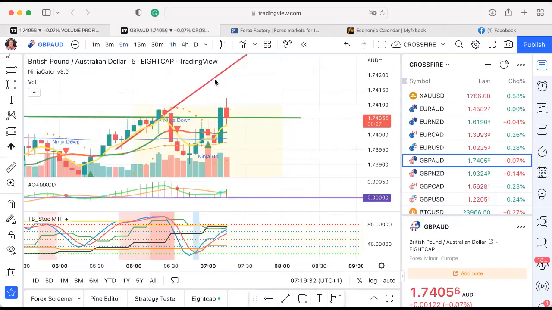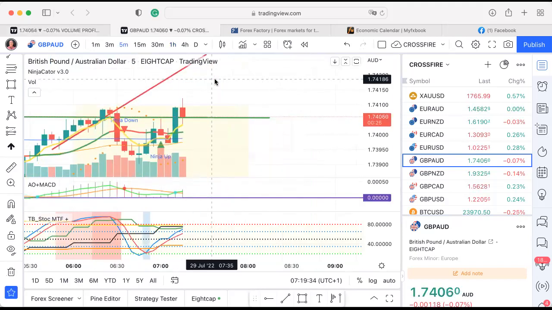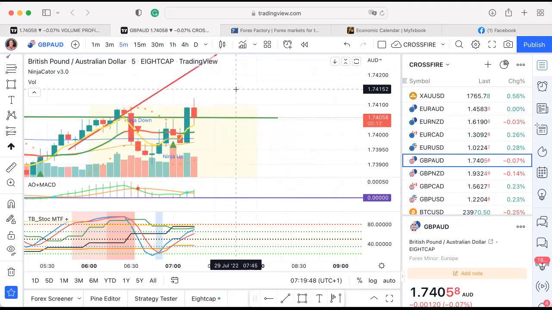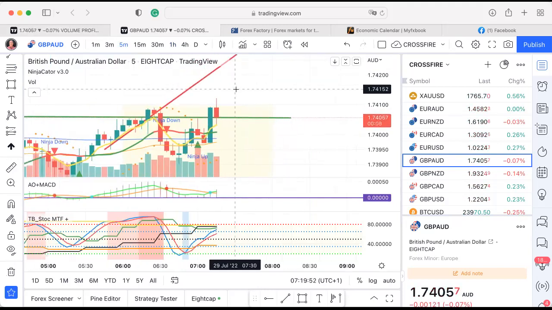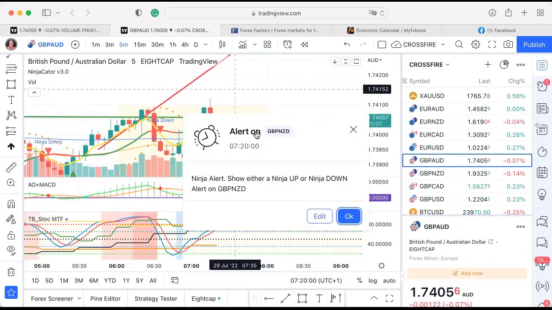Okay, so I'm going back to Crossfire now. That's disappointing. The sellers have sort of dominated on this candle. Right, so we're coming to the end of this candle. I'm going to see what happens when the new candle starts, and then I'm going to stop recording.